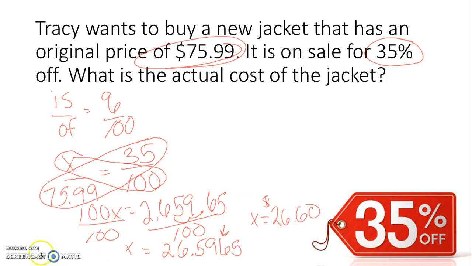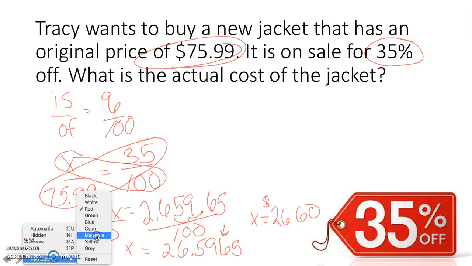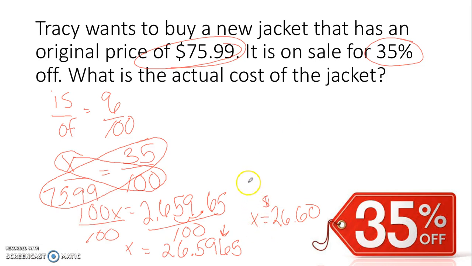Alright, now it's very important to know that this number right here is the percent off. This is how much is taken off. This is not how much you're paying now. This is how much they're going to take off. So if we want to know the actual cost of the jacket, that's the amount that's going to be taken off. You're going to save $26.60 if it's taking 35% off.